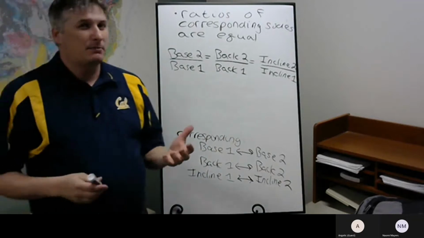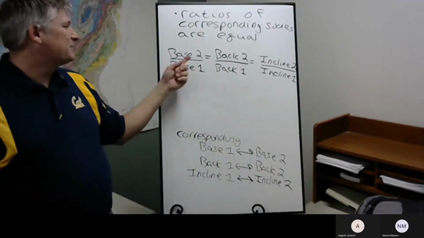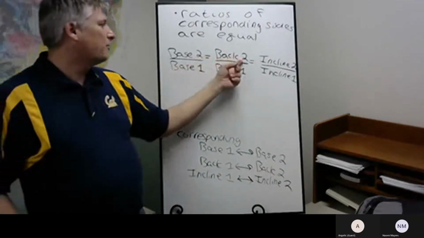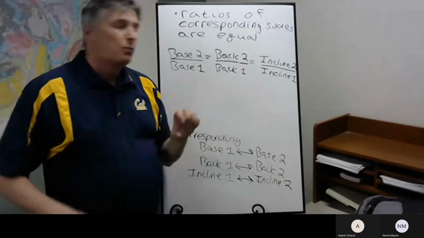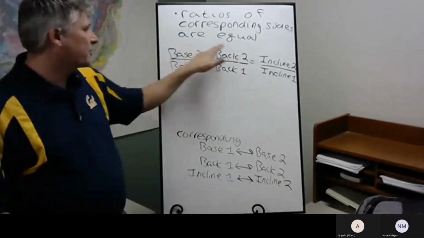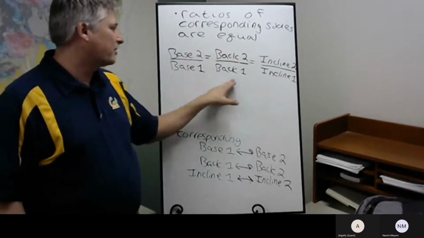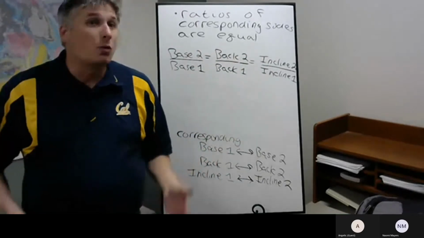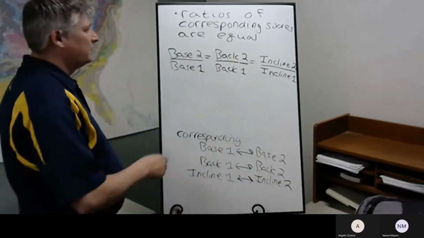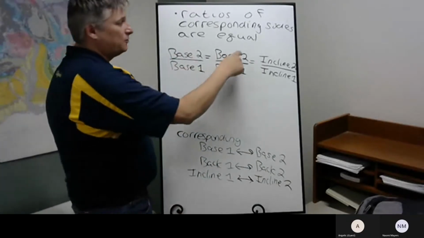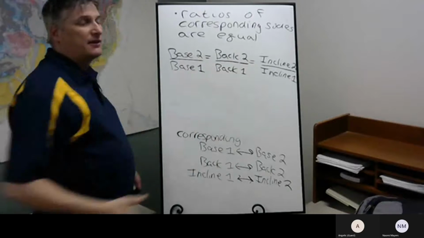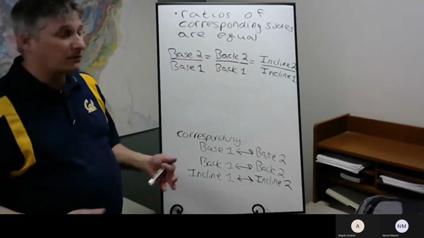And one thing you want to keep in mind, I've decided to have the second triangle always on the top and then the smaller triangle always on the bottom. We could flip it. We could do first triangle and then second triangle. That's okay too. What we want to be careful of, we don't want to do second triangle, first triangle, and then do first triangle, second triangle. Then our numbers won't match up. So we want to be careful.